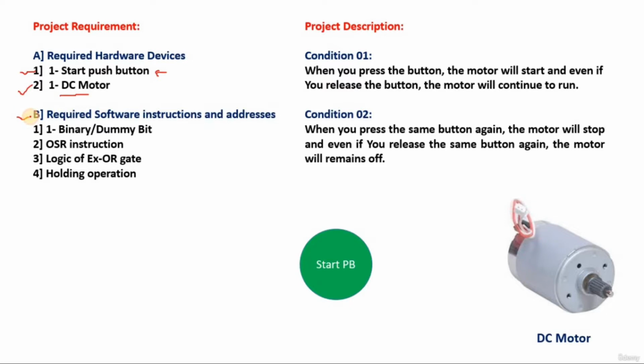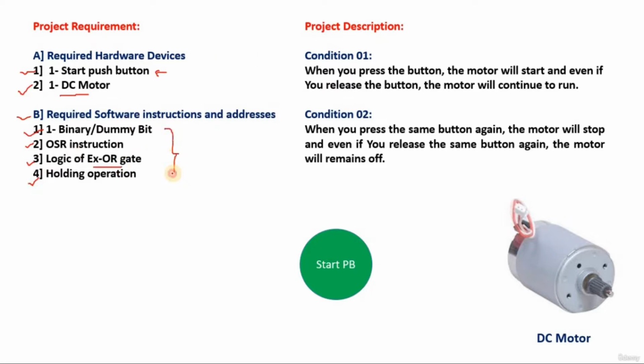Now the second requirement: the required software instructions and addresses. For that purpose, we need to design the program. In order to design the program, we require one dummy address and one OSR instruction. In order to design the logic, indirectly we are using the logic of an XOR gate and the holding operation.